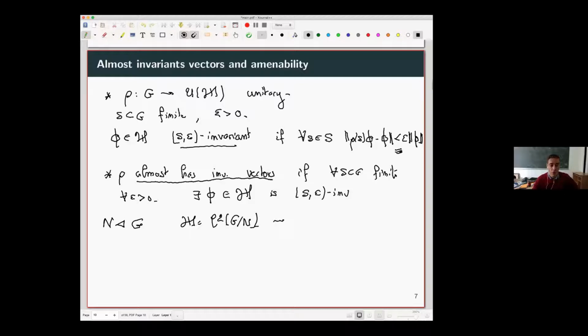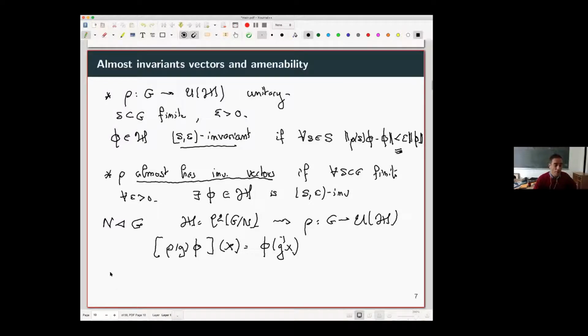That gives you a certain unitary representation rho from G into H. Basically, if you compute rho of g applied to a vector phi, where phi is a function from G mod N to the real numbers, the value of this function at a certain point x would be, I hope I'm not mistaken, phi of g inverse x, something like that. So that's a possible unitary representation.